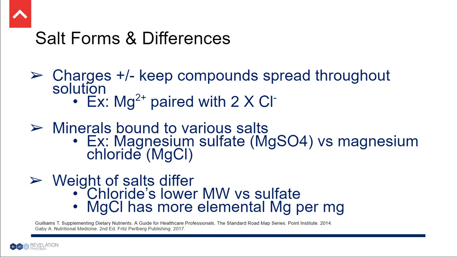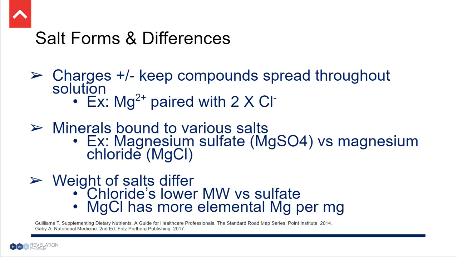So the charges, positive and negative, keep the compounds spread throughout the solution. For example, magnesium chloride is a magnesium with a 2+ charge paired with 2 chloride. So with mag chloride, that would be how the positive and negative charges keep it separated out in solution. Another example would be magnesium sulfate.